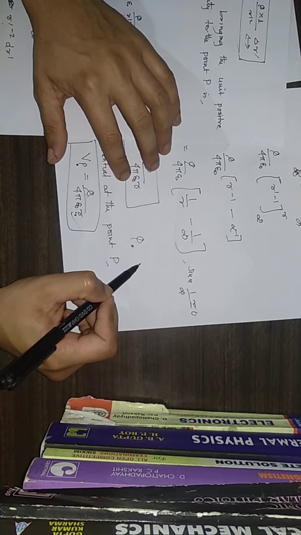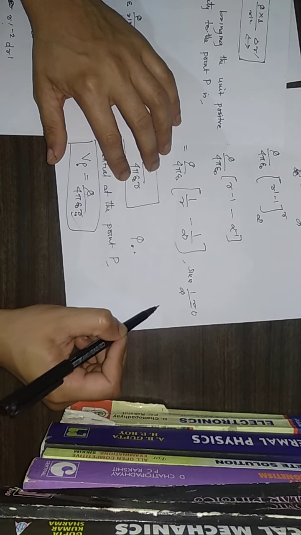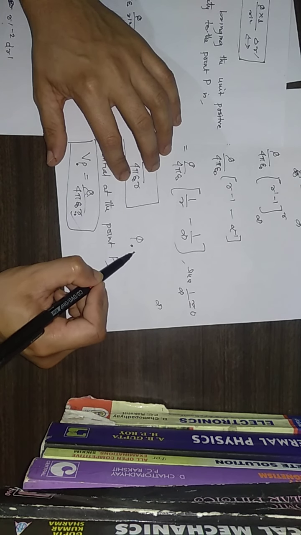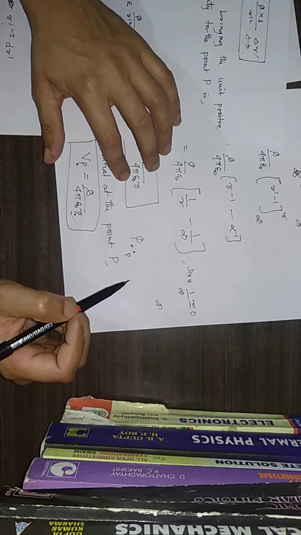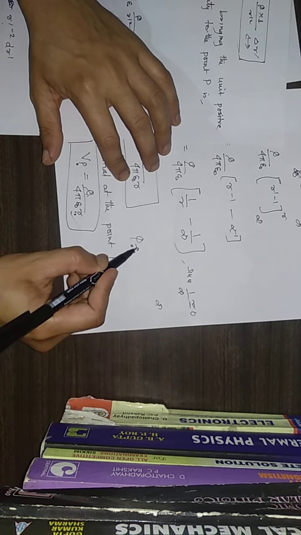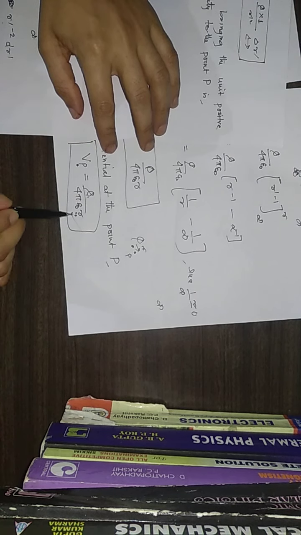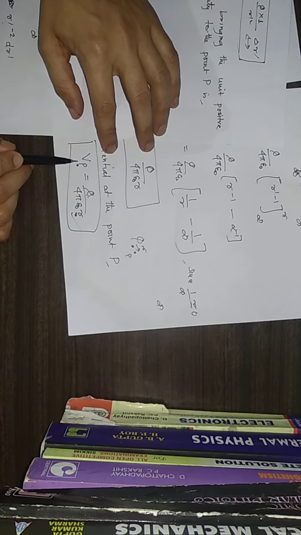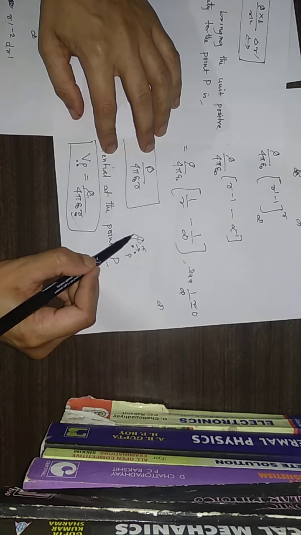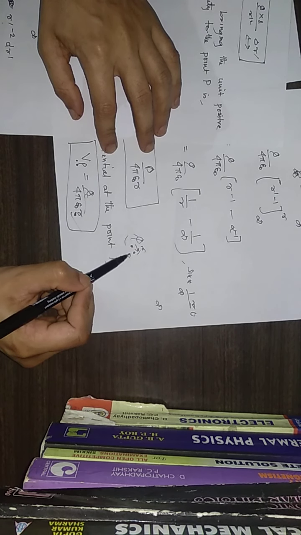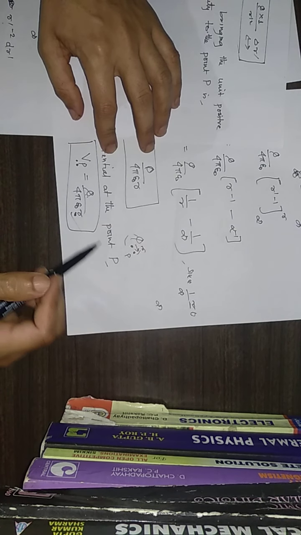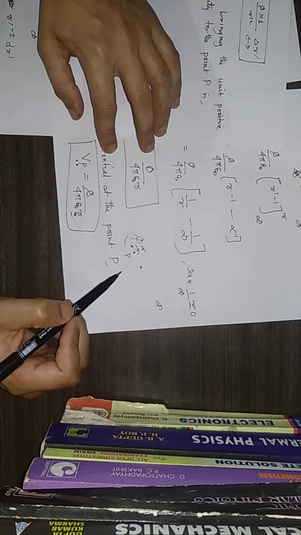If you bring the unit charge from infinity to the point P, which is very near to the charge itself, then this distance R will be less. So if this distance is less, then the potential will be more. That means nearer to this charge, the potential will be high.